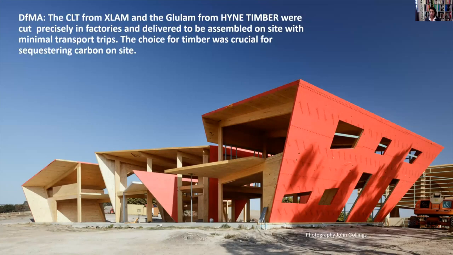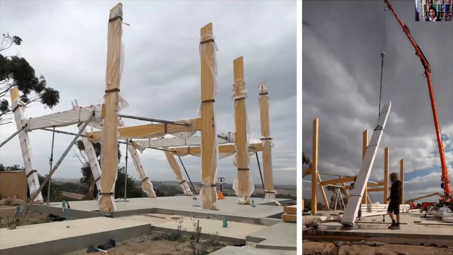Design for manufacture and assembly proved to be an excellent way to go about this project, because it was cost and time effective, with minimal waste and less embodied energy, even in transportation. The choice of timber was also important to sequester carbon.